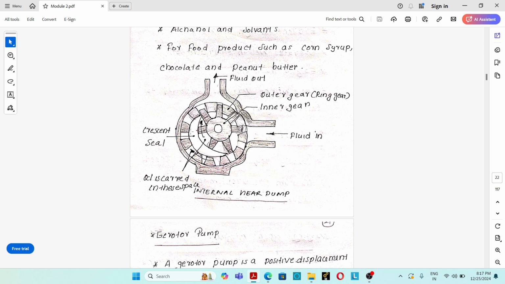When the hydraulic oil reaches the discharge port, the condition is that engagement of teeth will again take place. Due to this engagement, the hydraulic oil gets pressurized. That high pressure hydraulic oil is pushed into the discharge line through the discharge port. So this is the working of an internal gear pump.